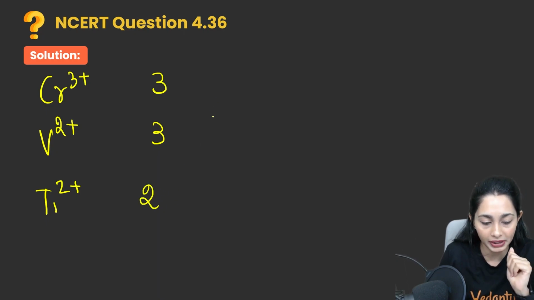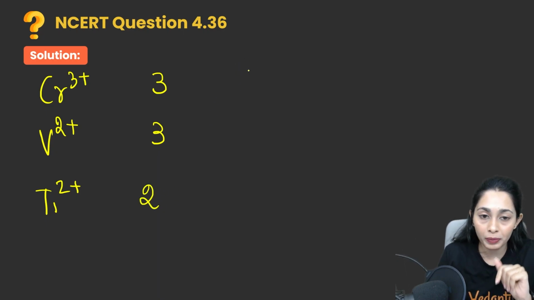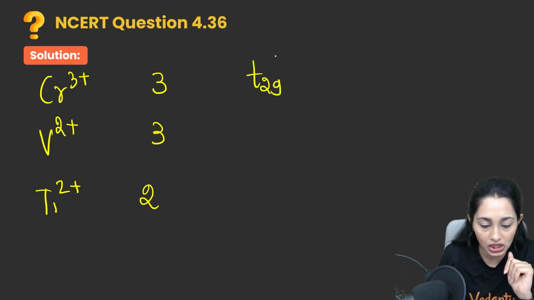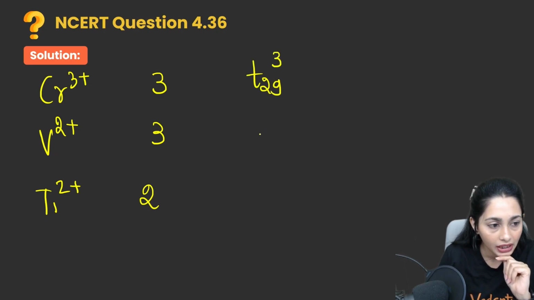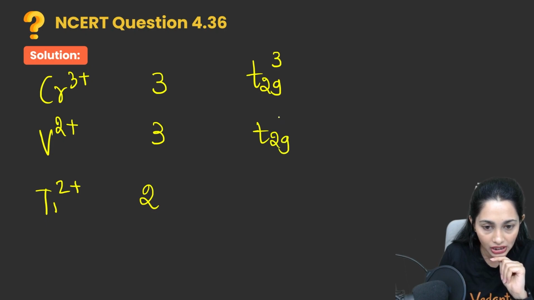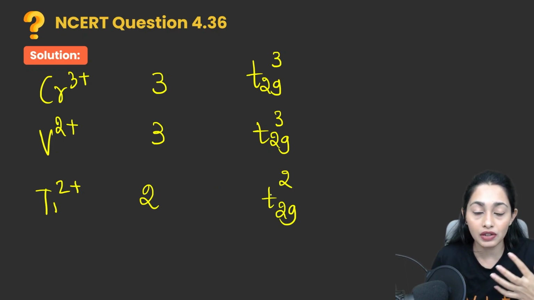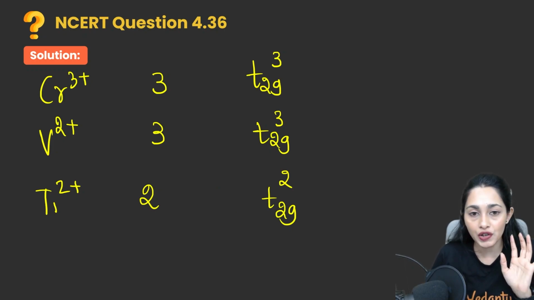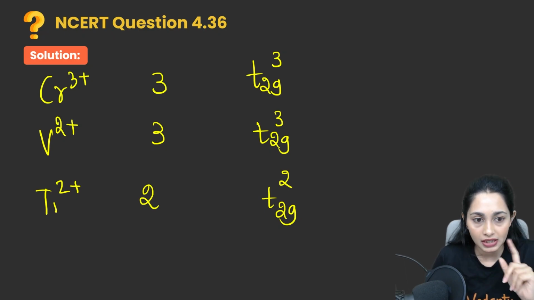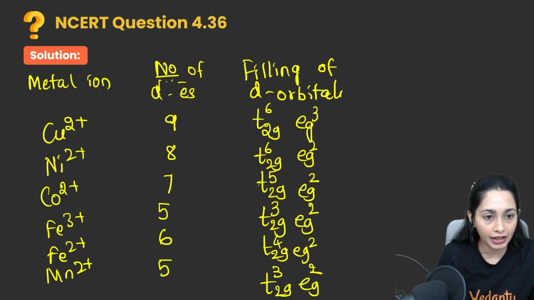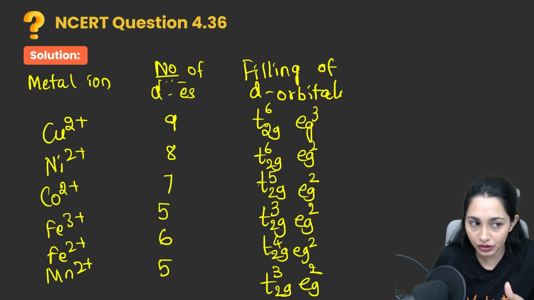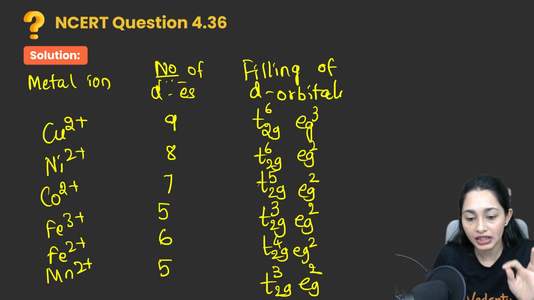So chromium 3 plus is T2G3, vanadium is T2G3, and titanium is T2G2. There is no EG, so there is no electron in EG.